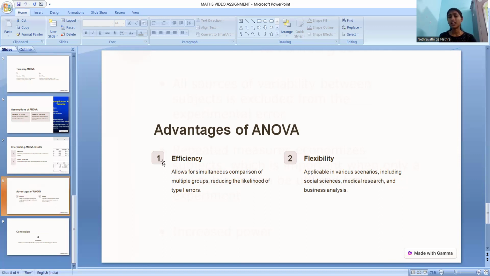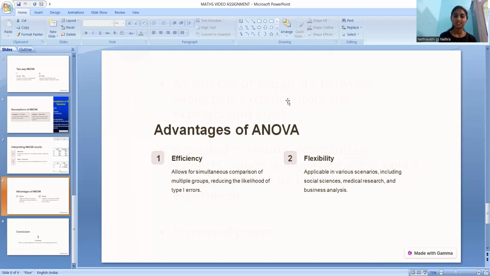And nowadays we say that maths is not used anywhere, so why is it kept in the syllabus? Actually that's wrong. For every action there is an equal and opposite reaction. In the same way, each topic has its own efficiency and its own flexibility, so somewhere it is used, but we don't come across it.